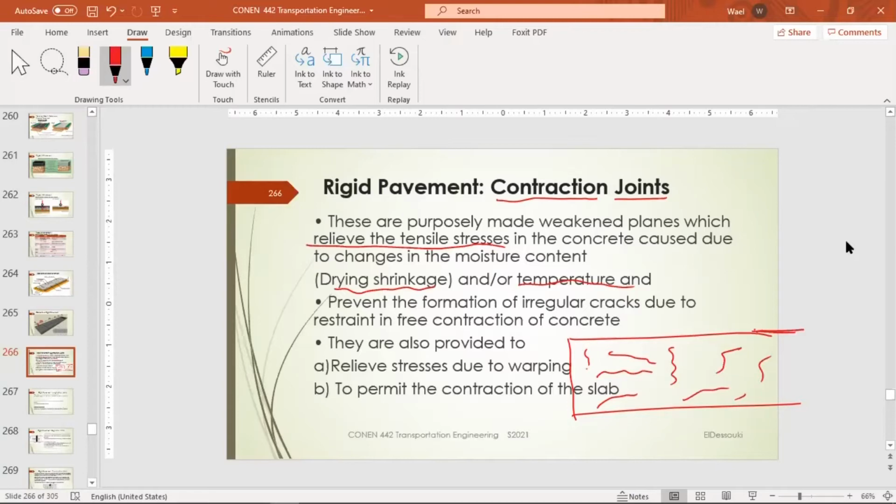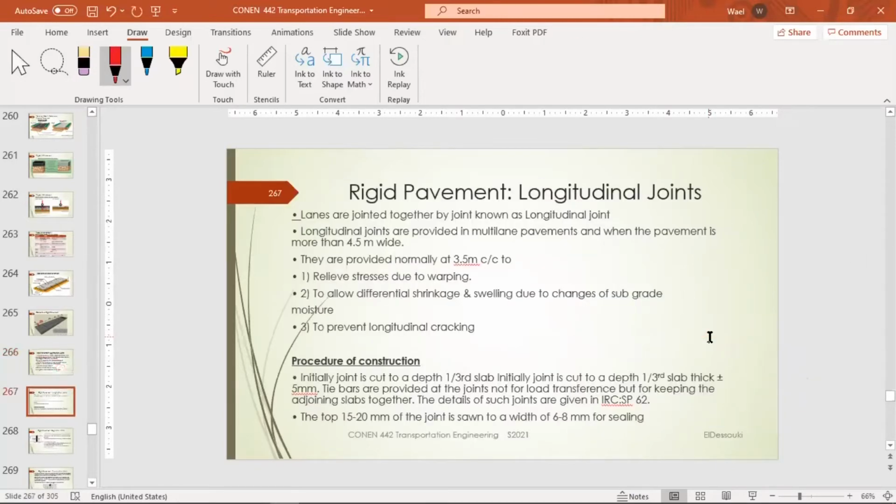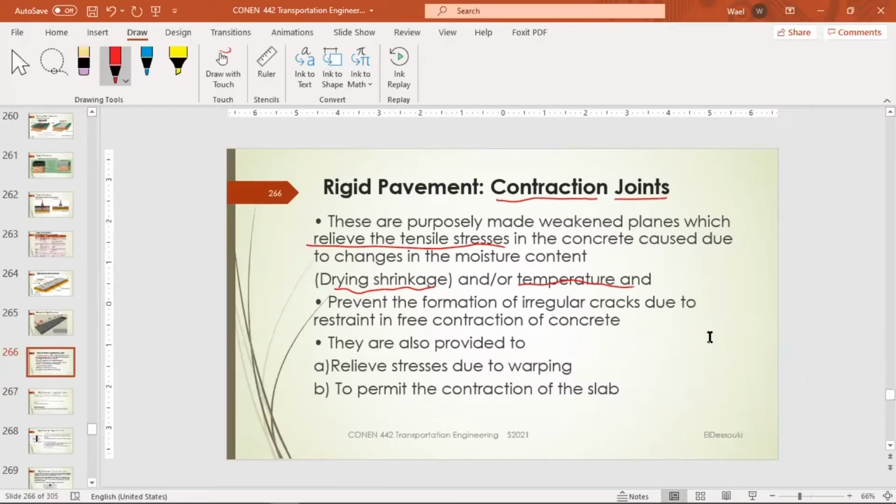But with the contraction joints, that's a top view, we make these contraction joints like this. If we take a section here, that's what you'll see.